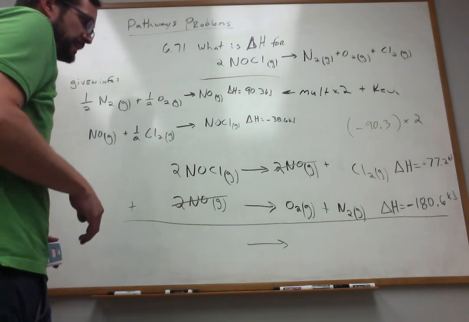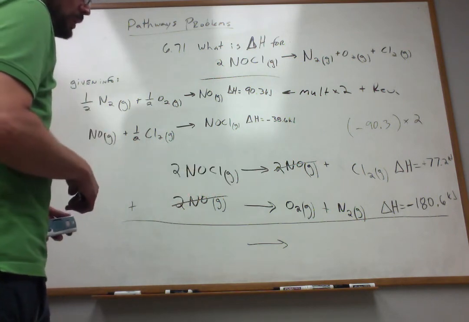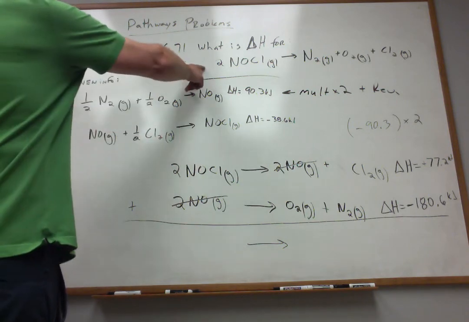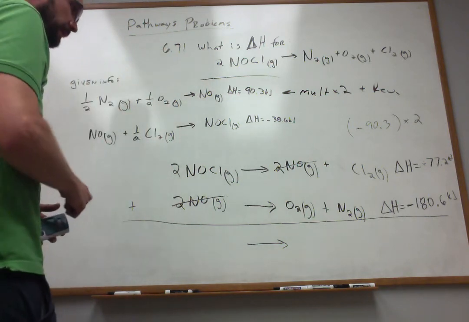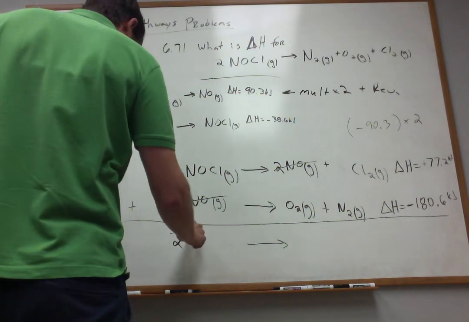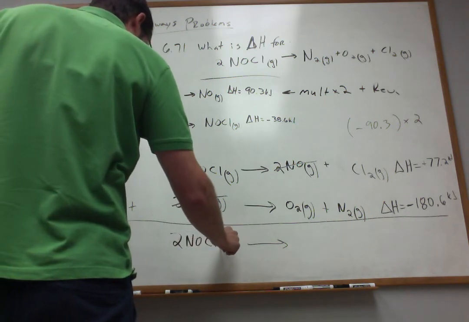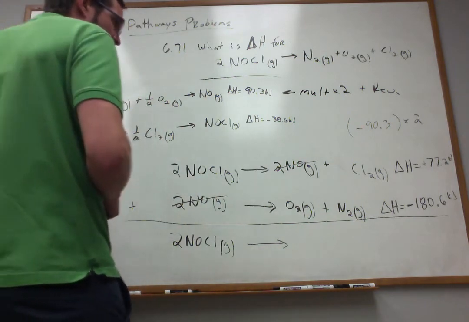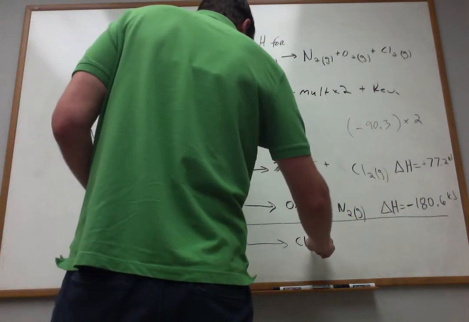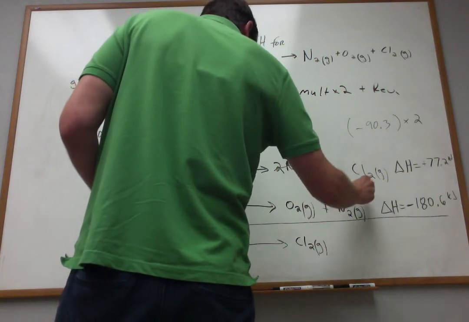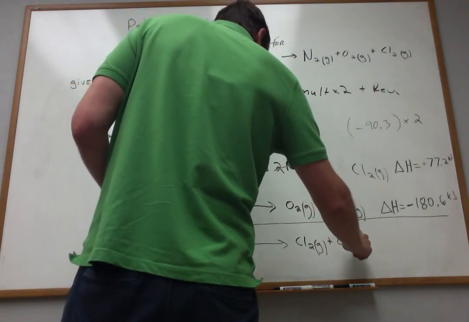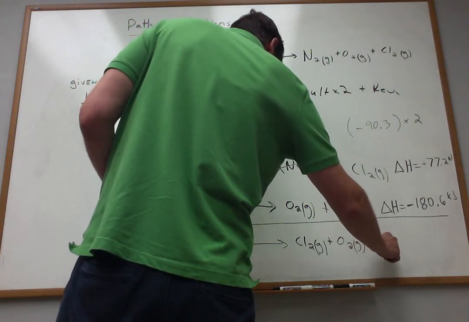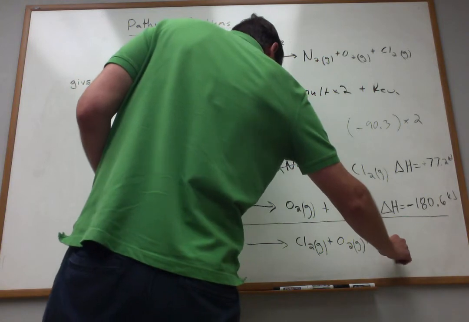In fact, I was very intentional about making the same quantities on both sides of the arrow so that they would be eliminated, because there's no NO in my desired equation. But what else is there? There's 2 NOCl gas. That comes down, doesn't cancel, it's only appearing in one place. I've got to bring my 1 copy of Cl2 down. That doesn't cancel. My 1 copy of O2, I'm going to bring that down. And my 1 copy of N2 gets brought down as well.